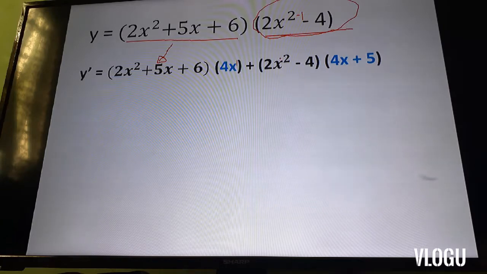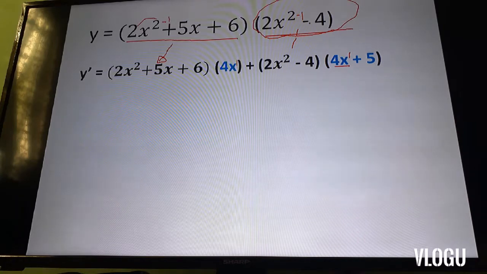Next, it is added by the second function, which is 2x squared minus 4, multiplied by the derivative of the first function. So that is 2 times 2, that is equal to 4. Then again minus 1, so this will become 1 here.